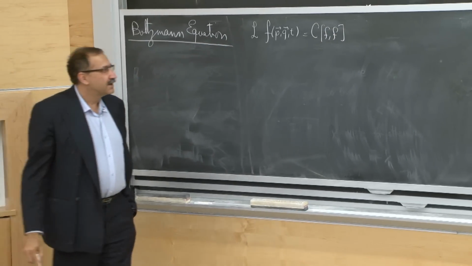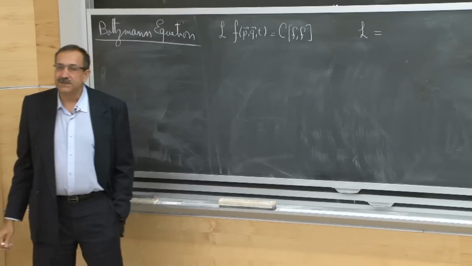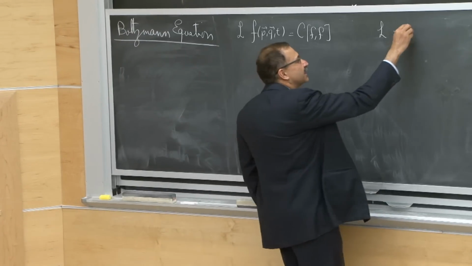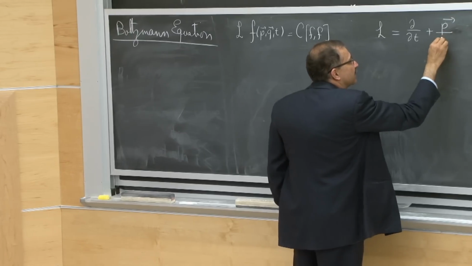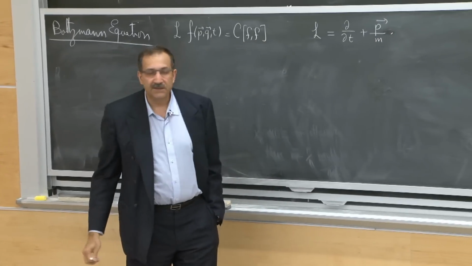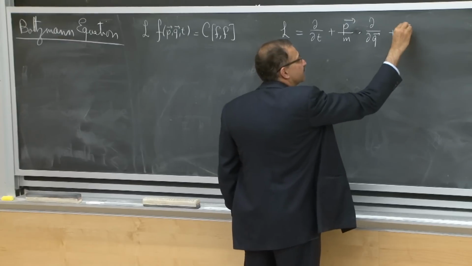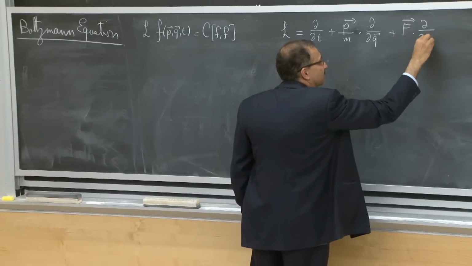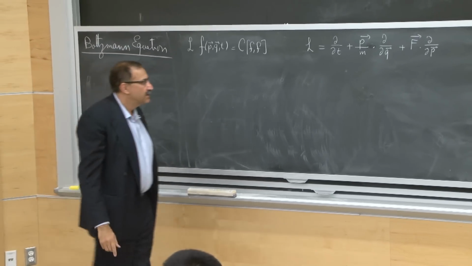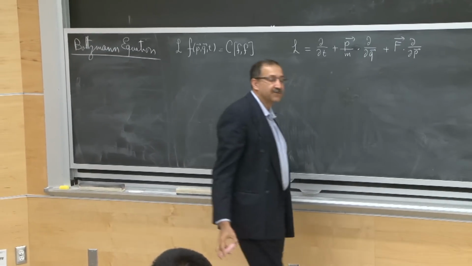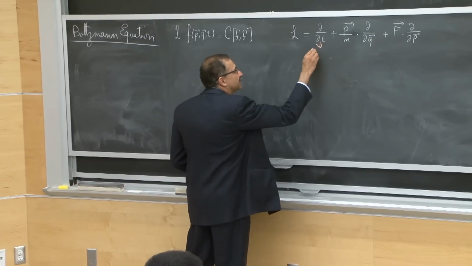And again, to get the notation straight, this set of operations on the left-hand side includes a time derivative, a thing that involves the velocity causing variations in the coordinate, and any external forces causing variations in momentum. I write that because, in order to save some space, I will use the following notation in the remainder of this lecture.